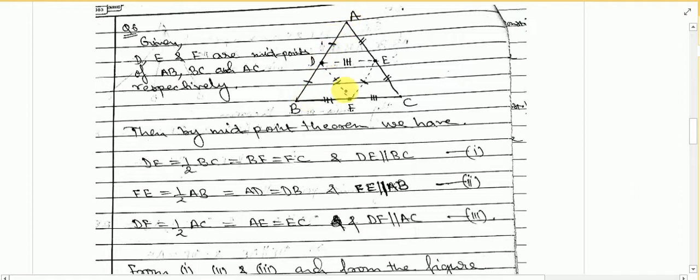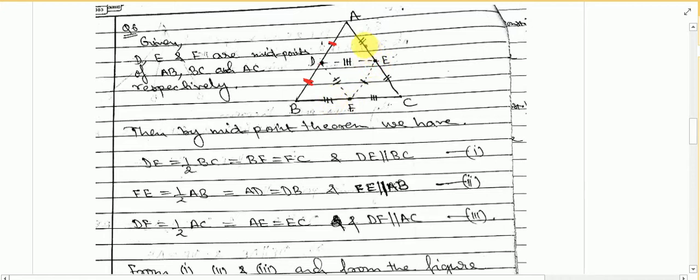ABC is the given triangle, and then here D is the midpoint of AB, E is the midpoint of AC, and F is the midpoint of BC. So we are joining these midpoints. Since D, E, F are midpoints, since D is the midpoint of AB, AD will be equal to DB.